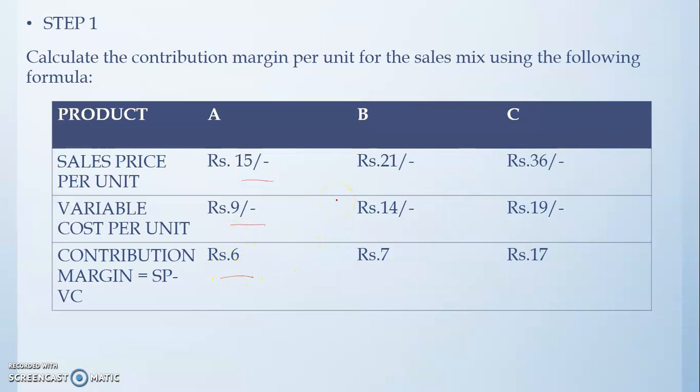In the second case, the sales price is given as 21, the variable cost is 14, therefore the contribution margin is 7. In this case, selling price is 36, the variable cost is 19, so 36 minus 19 is 17.